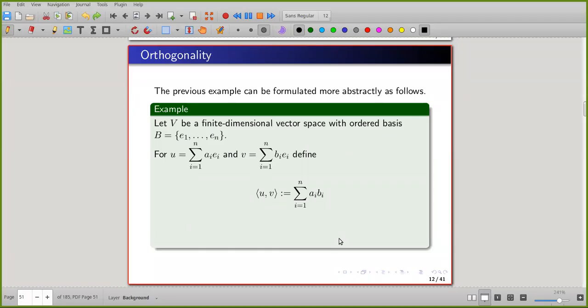Given any vectors u and v, since E1 through En is a basis for V, we can write u as the sum of a_i e_i, and v as the sum of b_i e_i. All this is happening over the real numbers. We define this inner product on V, and with this definition, E1 through En is an orthogonal basis of V. So this is really a stupid example. Nothing is happening here.